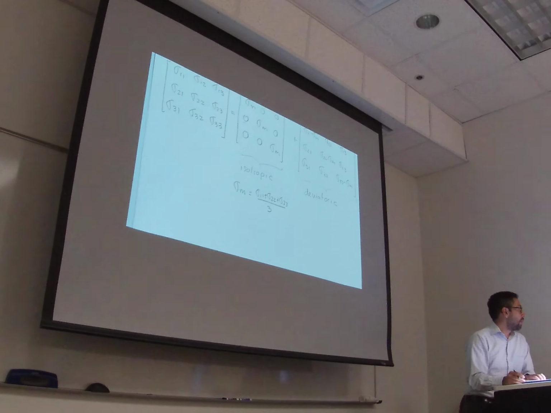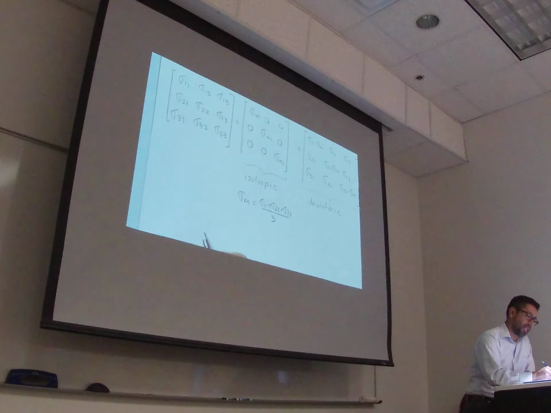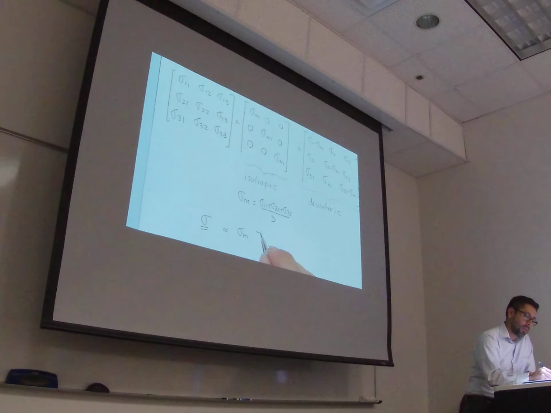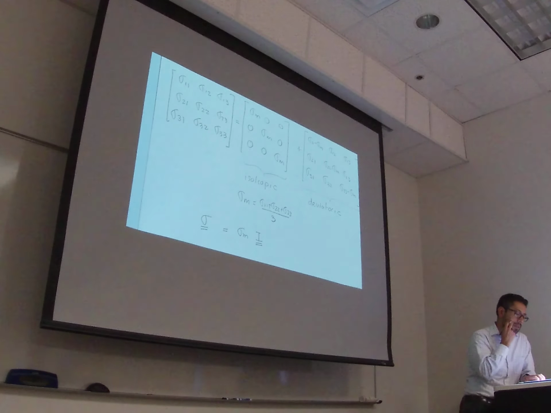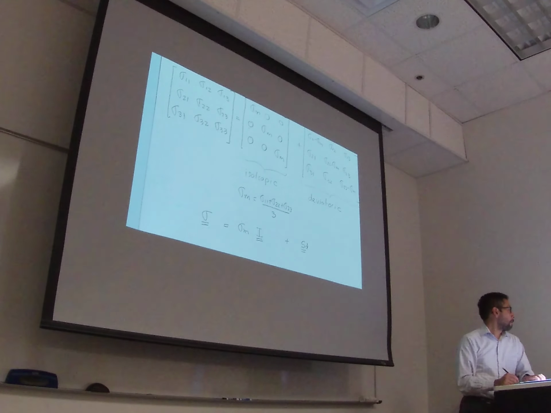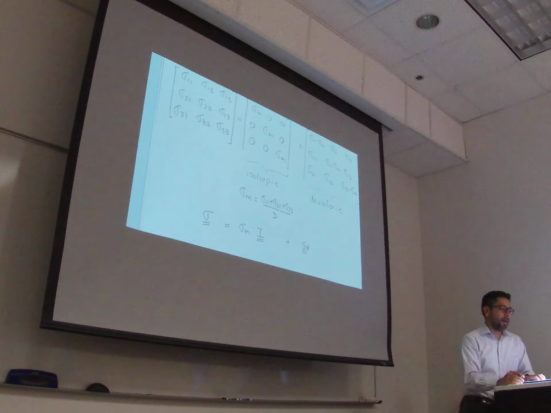If I want to summarize this operation, instead of writing the entire matrix, just as one variable: the stress tensor is equal to a scalar quantity, which is sigma m, times the identity matrix, plus the deviatoric stress tensor, which in this case I'm going to call S D. Well, remember this is the identity matrix 3 by 3.